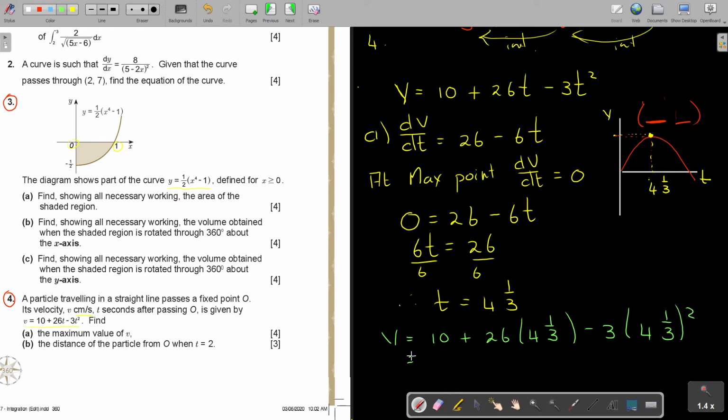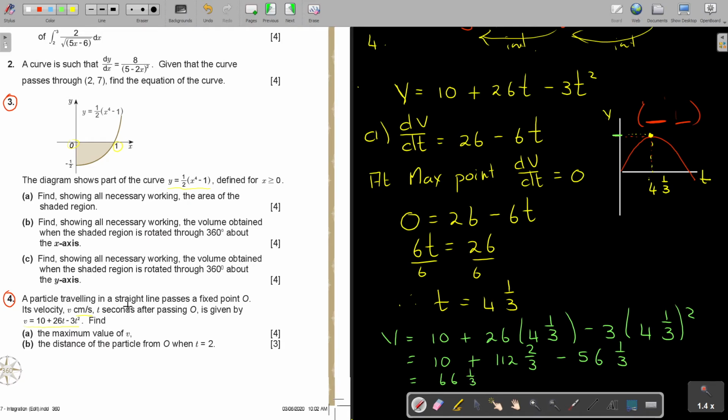If I'm putting it in that original, you can just simplify because I'm looking for that value. So it's 10 plus 112 2/3 minus 56 1/3, and that's going to be equal to 66 1/3.